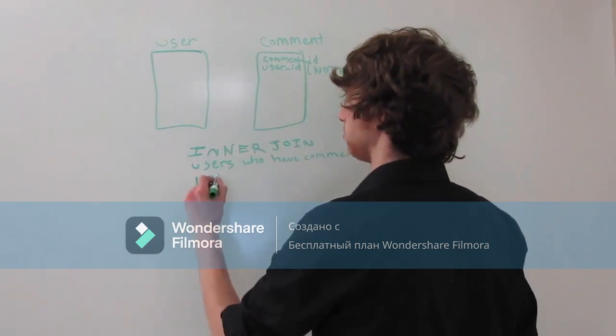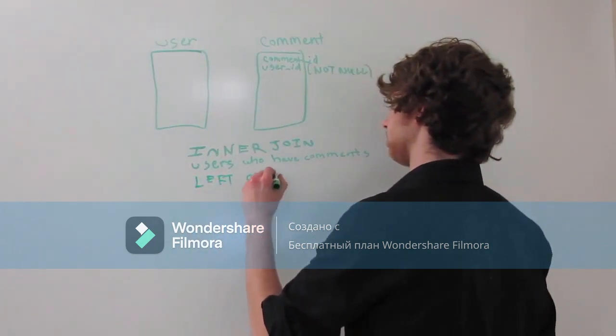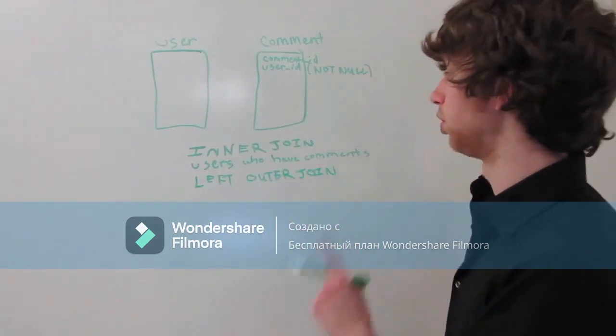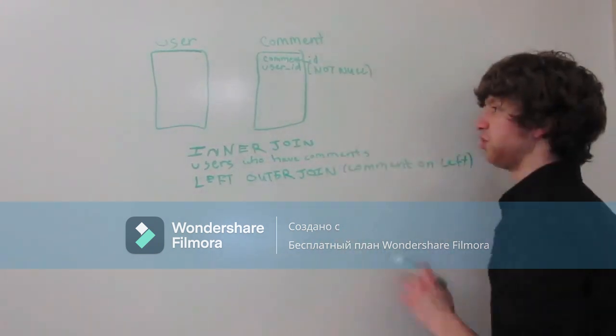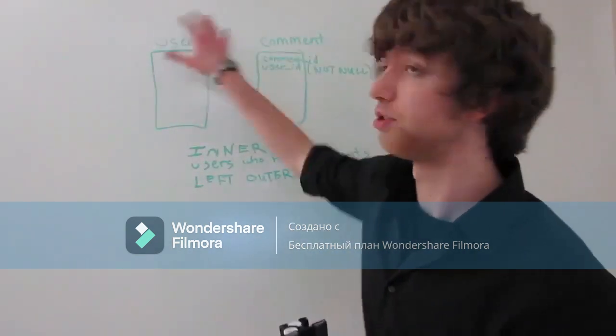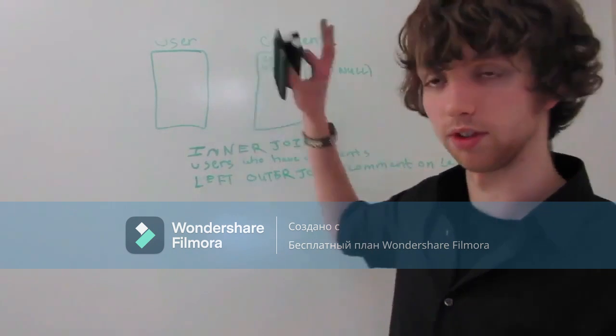And I'm going to go into places in a second. Left outer join, and then we could put the comment on the left. So if you need help thinking about that in your head, switch these two tables around. But I'm not going to do that because that's part of the illustration already.